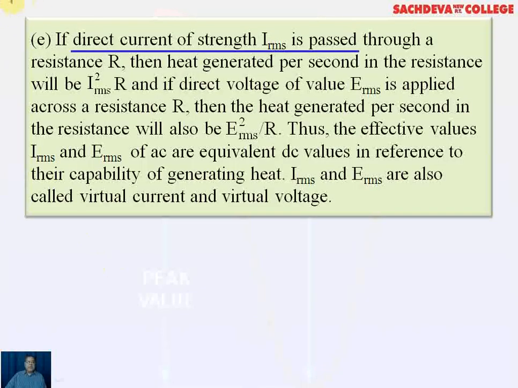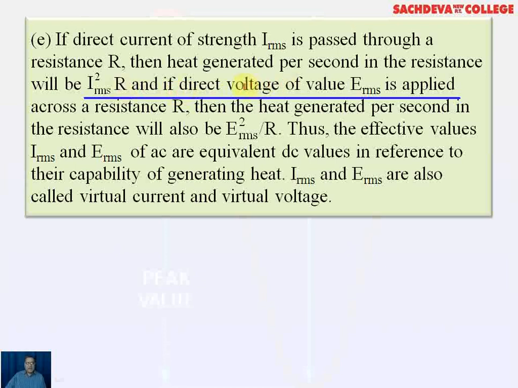If direct current of strength I RMS is passed through a resistance R, then the heat generated per second in the resistance will be I square RMS into R. Whenever we write I RMS, we are referring to I naught over root 2.